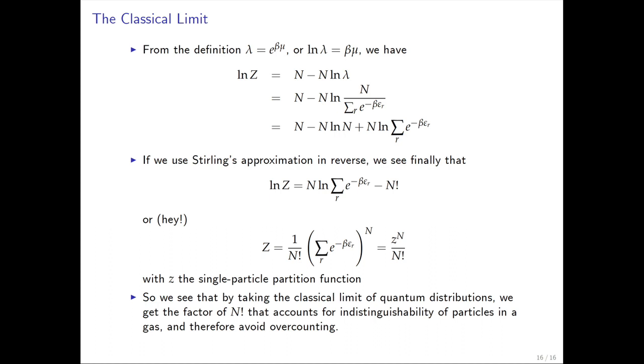I could say I have particle 1 and particle 2 and particle 3, and I count all the states by having all those configurations, and that's not correct according to quantum mechanics. And this mystery factor, which, as I mentioned, was quite controversial in the early days of statistical mechanics, while quantum mechanics was still being figured out, comes out of this limit naturally.